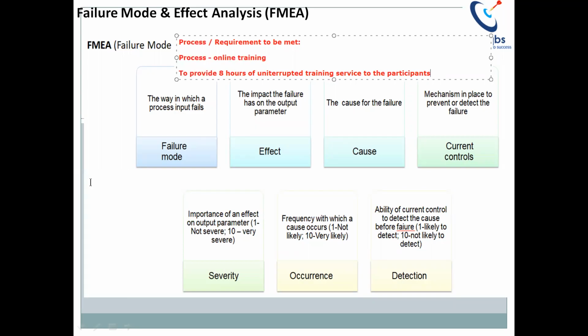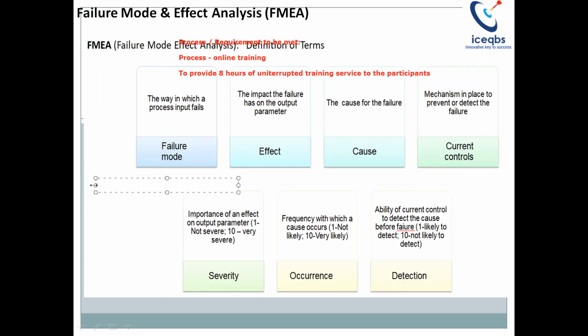Can you tell me what are the possible failures that can happen?